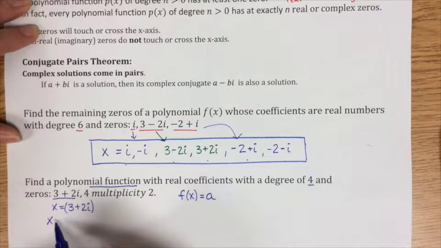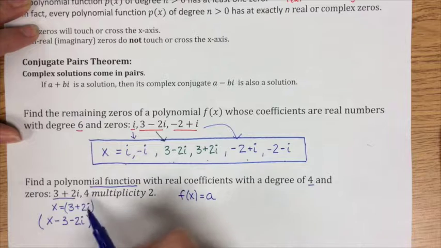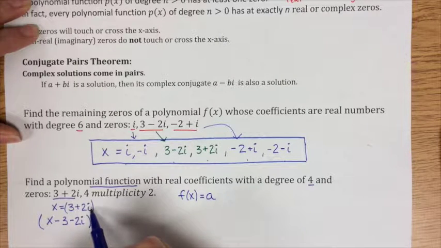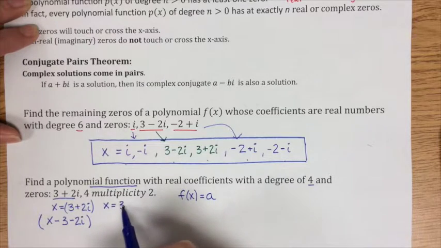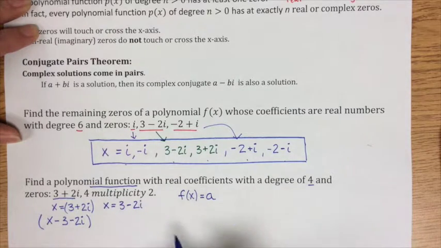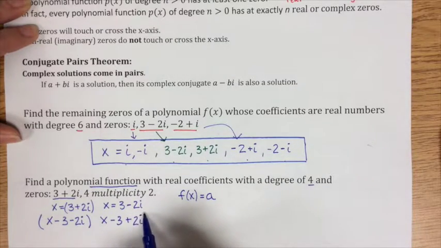So this would be x minus 3 minus 2i. And that's our factor there. Now, don't forget that if we have 3 plus 2i, we also have to have 3 minus 2i. So let's change that into a factor. x, and so we're going to subtract 3 minus 2i, giving x minus 3 plus 2i.